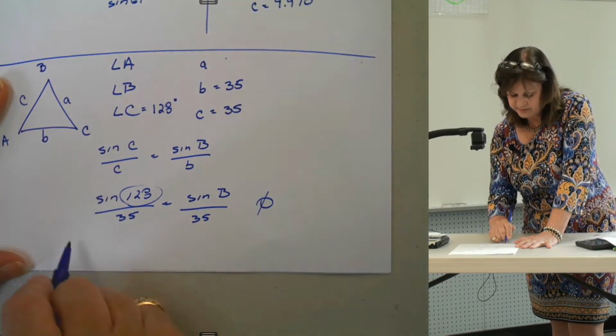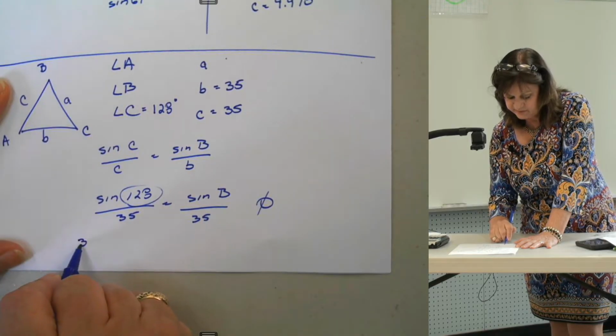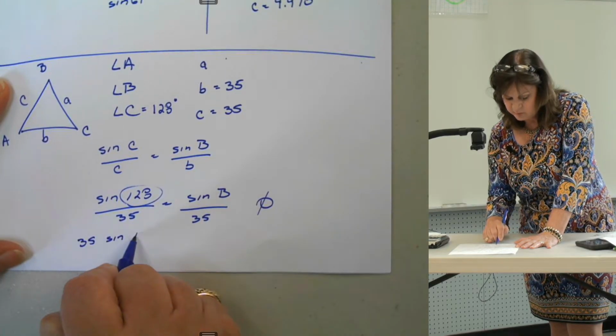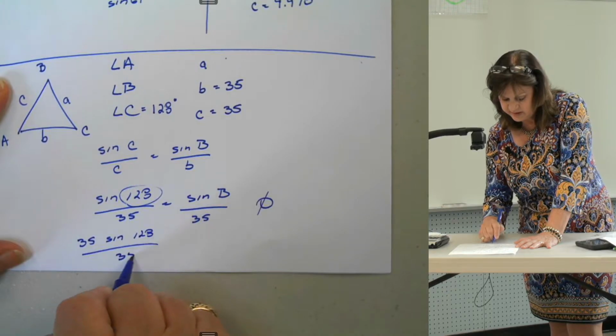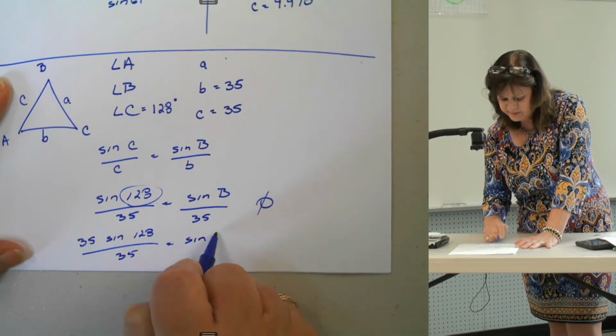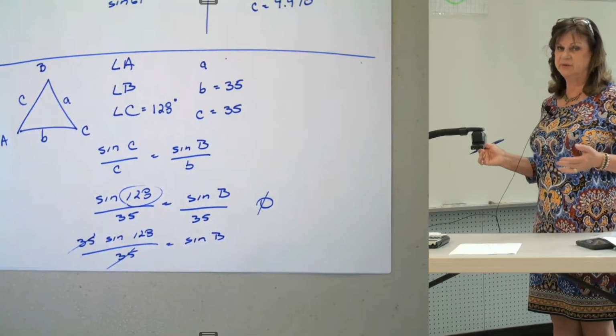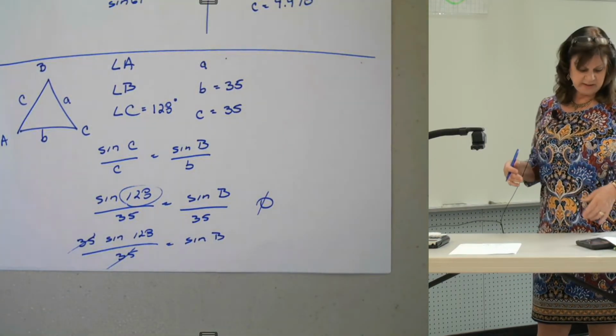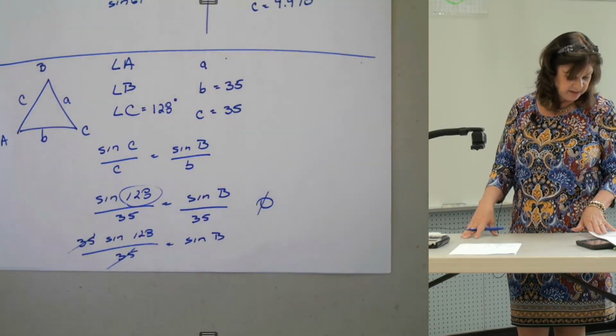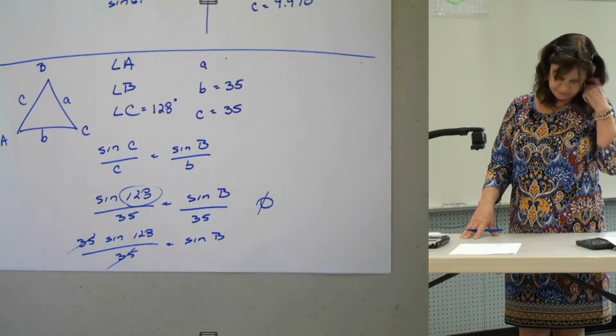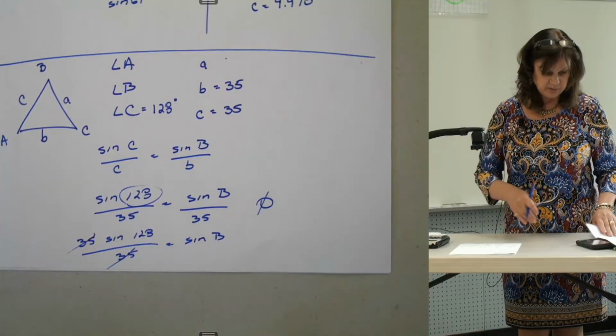If you multiply both sides by 35, the 35s would cancel out, and now clearly sine 128 has to be sine B. And again, you can't have that. So be careful when you're working these that you don't take a wrong turn there.